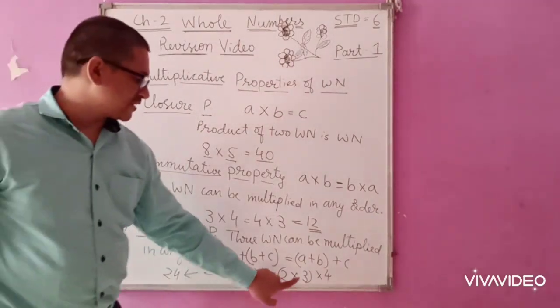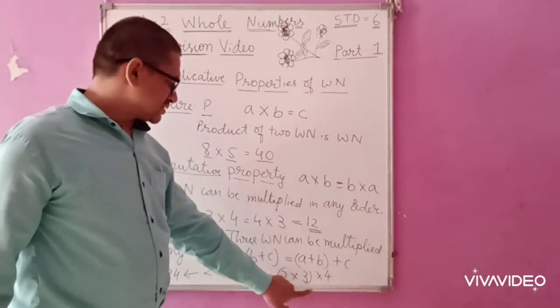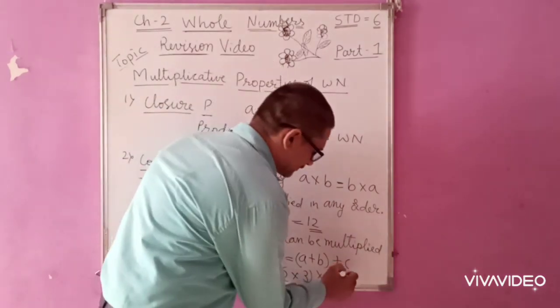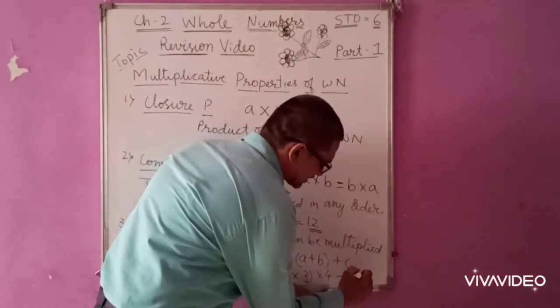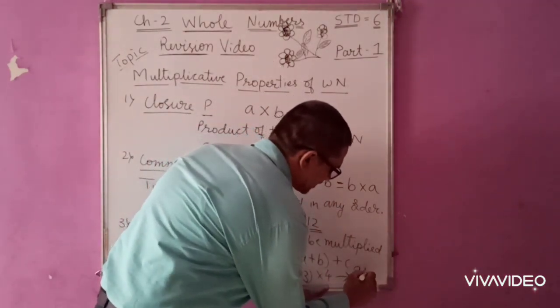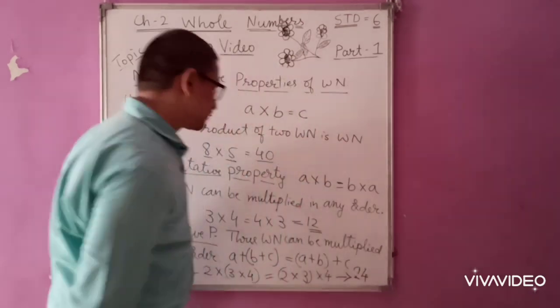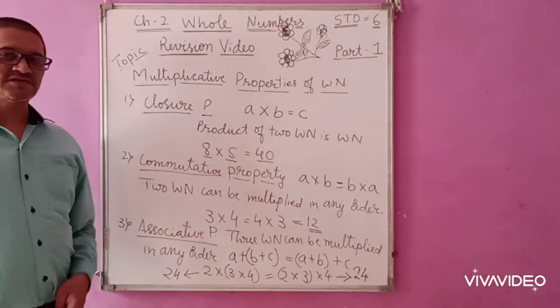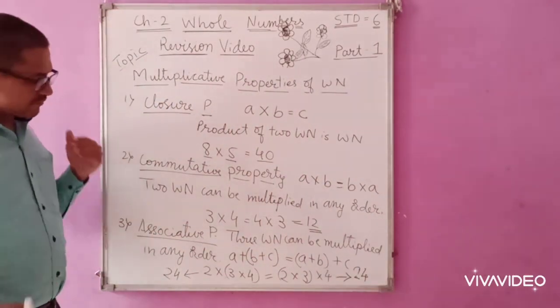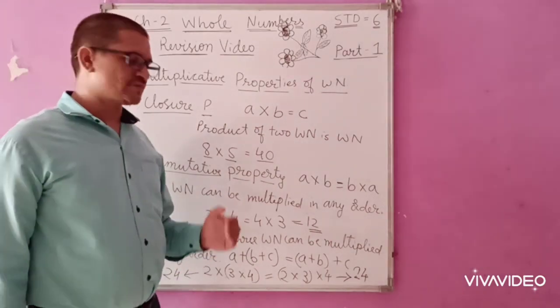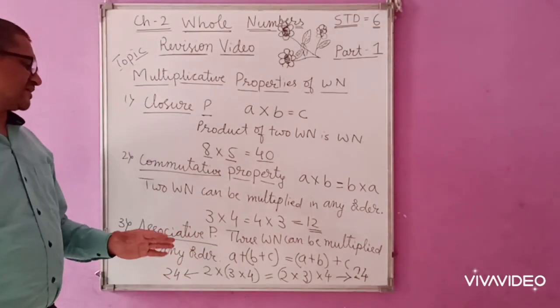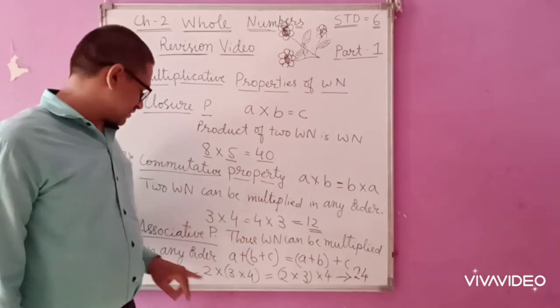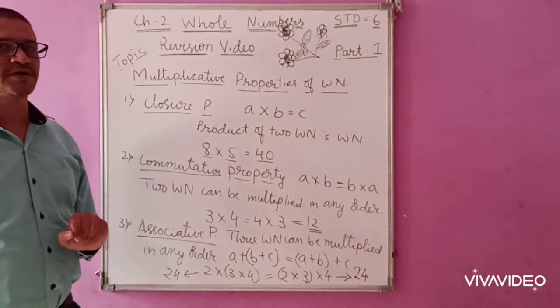Now here if you multiply, 2 3s are 6, 6 4s are 24. So this side the answer is 24. Now if you see, both give the same answer. So if you multiply any two numbers first and then the remaining number, you get the same answer. That is the associative property.